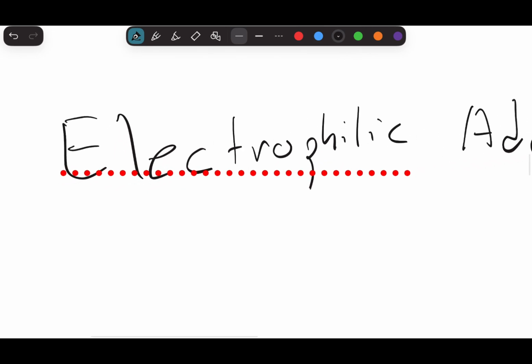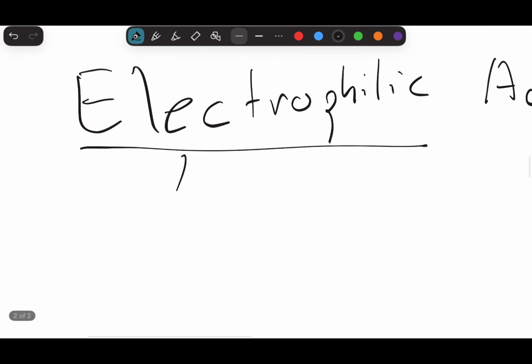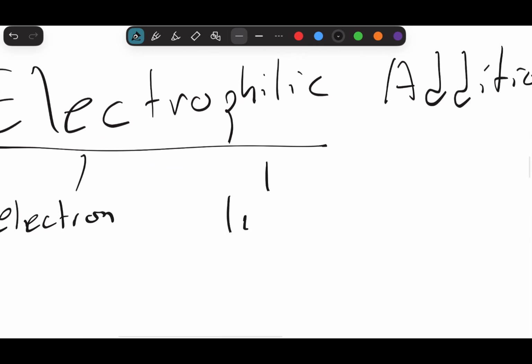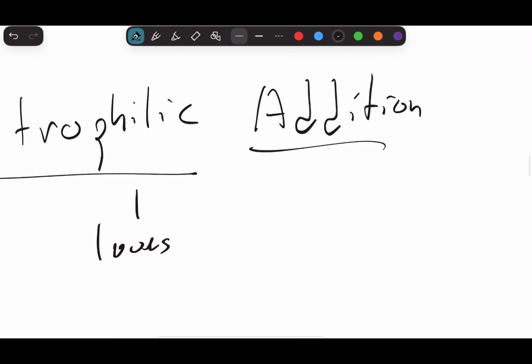Electrophilic addition, okay? So electrophilic, electro is electron, and philic is loves, and addition is adds.